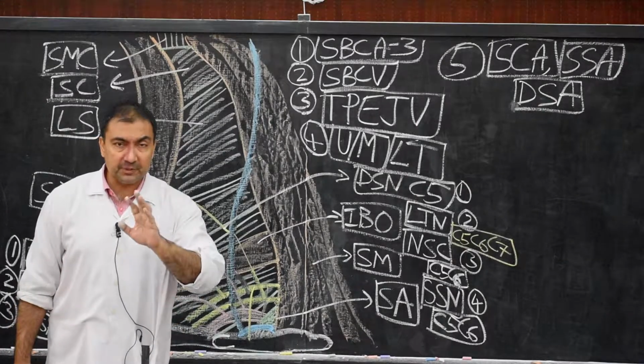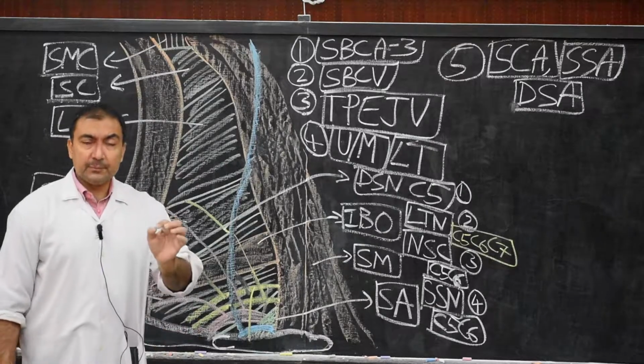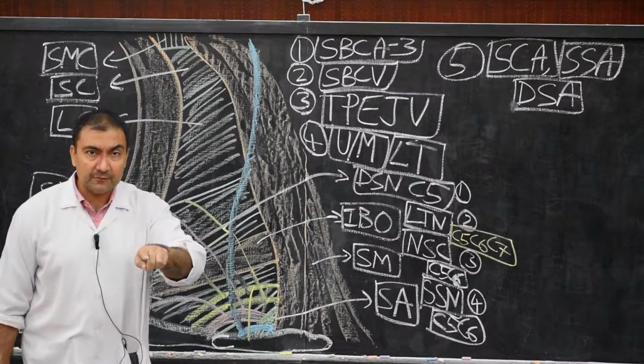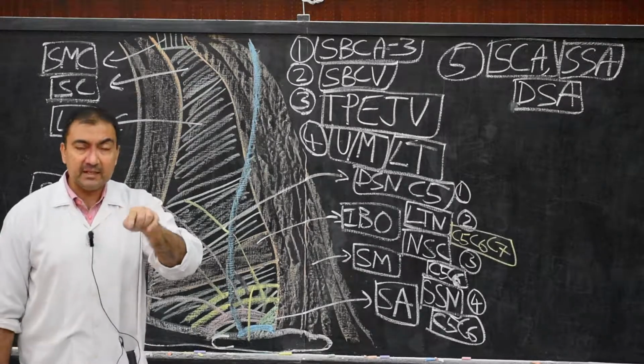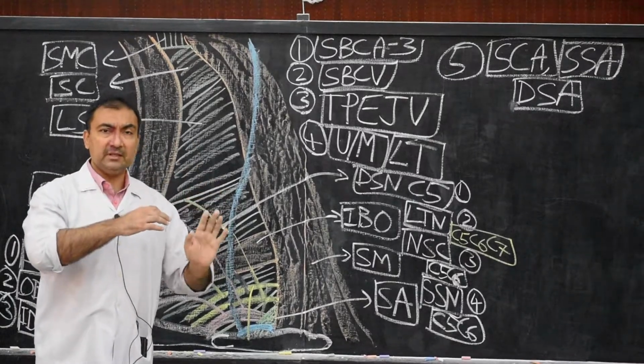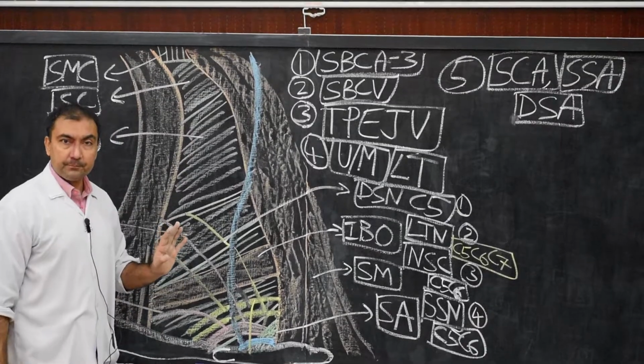How does it enter the supraspinous fossa? Above the transverse scapular ligament. Because below that transverse scapular ligament there will be passing of suprascapular nerve, and above that ligament is suprascapular artery. So in short, it will go towards the supraspinous fossa in the scapula.